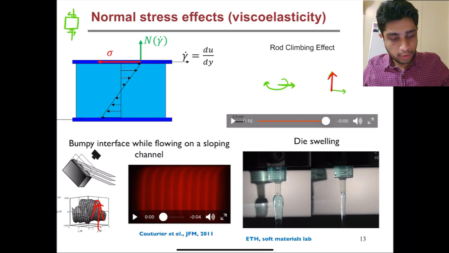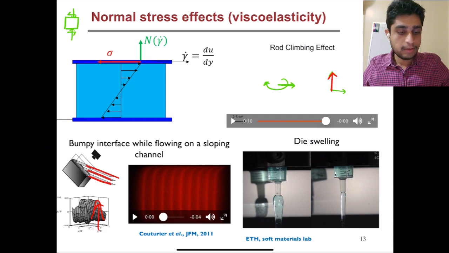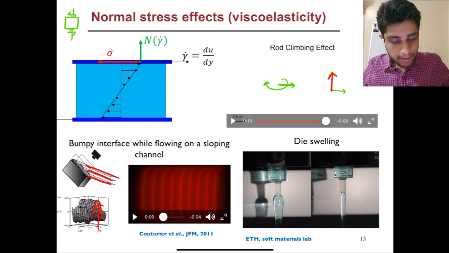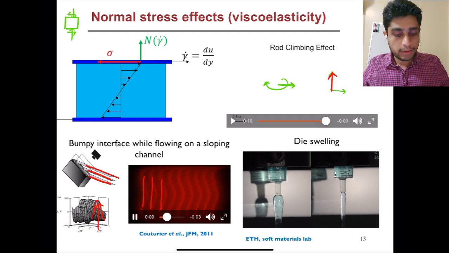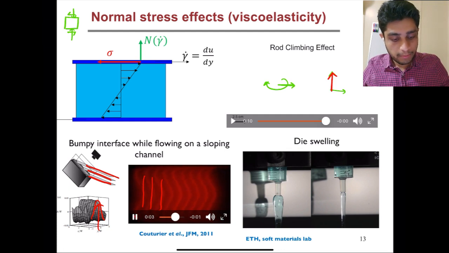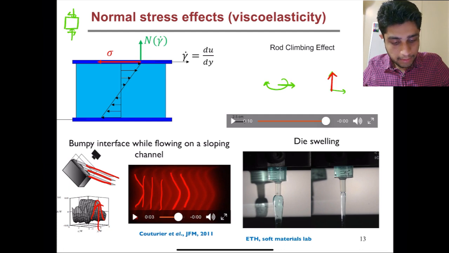This is shown by passing laser sheets through the interface, and a straight line here means the interface is perfectly horizontal. But as the fluid flows downward, because of the normal stresses, the surface curves, which can be seen by these curved laser sheet lights.